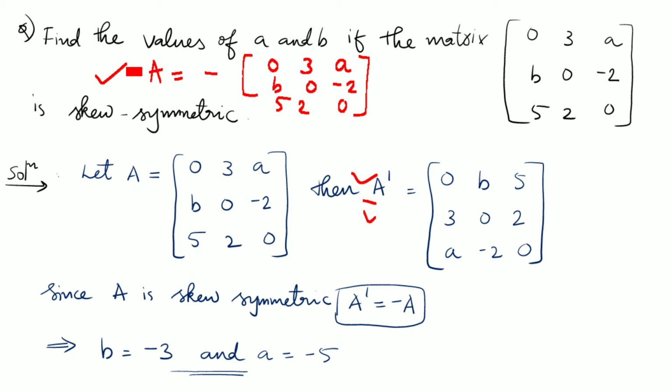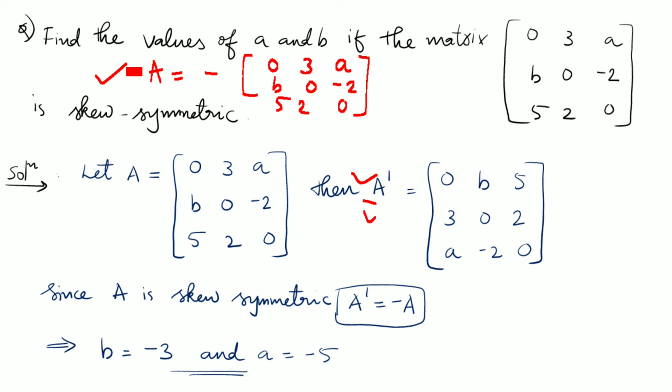Okay, so here you can find this B, can you see this B over here? This B is your entry in this minus A. So here 0, B, 5 in minus A, in A dash it is 0, 3, A. So here minus of B is equal to this 3.